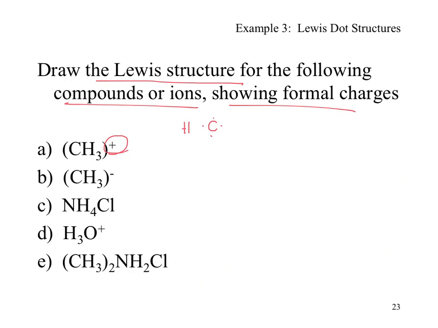That means that each of the hydrogens would bring with it 1 electron. And we are saying that this 1 electron has been removed, which is why there is a positive charge. So the Lewis structure would look like CH3 with a positive charge present.